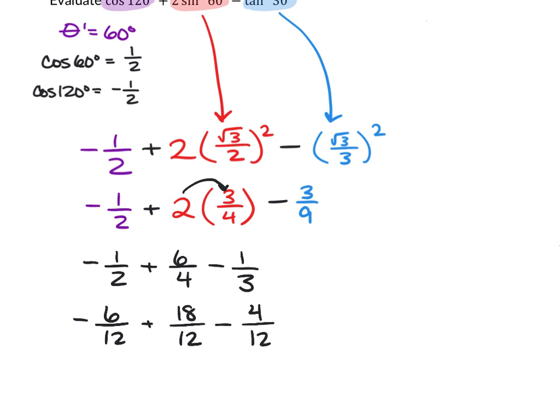Negative 6 plus 18 minus 4 is 8 over 12. And again, flexing our math muscles, what are both 8 and 12 divisible by? 4. 8 divided by 4 is 2. 12 divided by 4 is 3. 2/3.